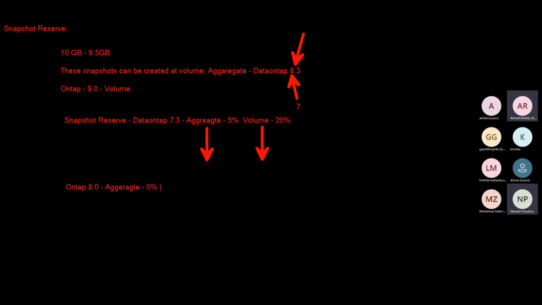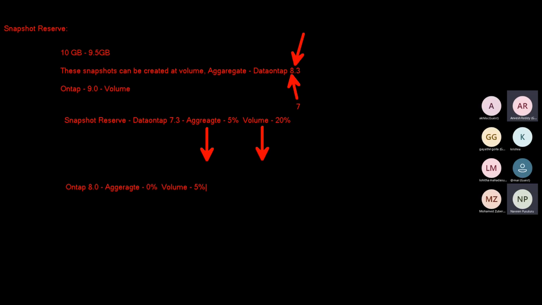That means they are not reserving any space for snapshots. On volume level they have also reduced it, from 20% to 5%, because they thought that is enough. That is the reason they have reduced it.